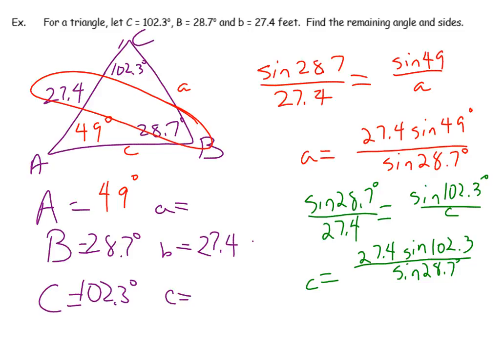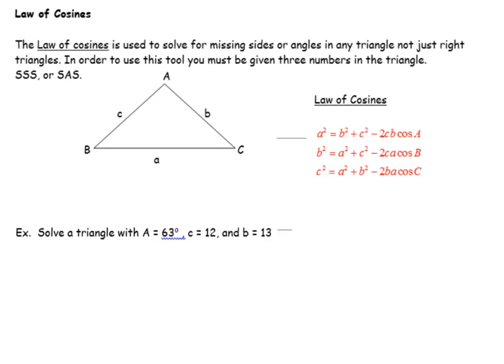Now again, to use the law of sines, you have to have a complete package of an angle and its opposite side, right? If you don't have that, then you can't use the law of sines. Well, there's another tool called the law of cosines. The law of cosines is a nice tool that we can use for any triangle, not just right triangles, and it helps me find missing sides or angles.